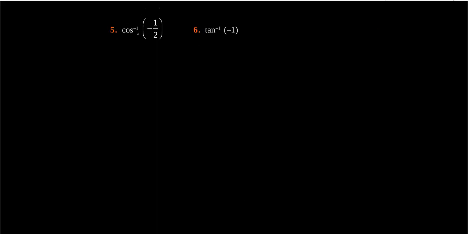Okay. So, now we will move to the next problem. Cos inverse of minus 1 by 2. We consider this as y. So, y is equal to cos inverse of minus 1 by 2. If you bring cos to the left hand side, it will become cos y equal to minus 1 by 2.